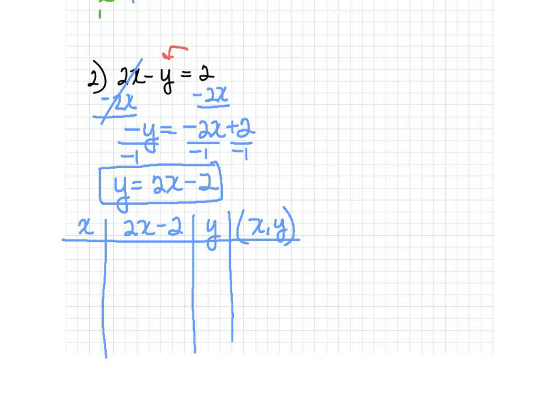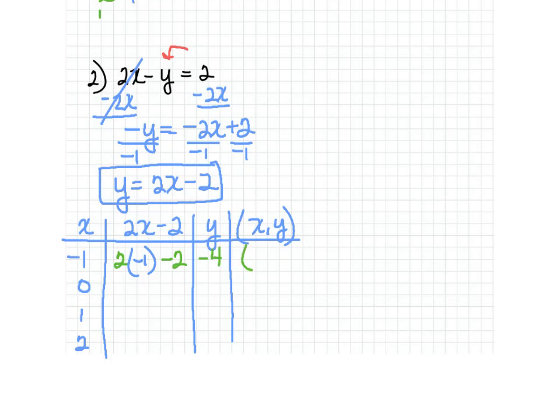All right, so we need to find values for x. Because the coefficient for x is an integer, not a fraction, we can go ahead and choose the ones we'll always use: -1, 0, 1, and 2. Let's substitute. 2 times -1 is -2. -2 minus 2 is -4.